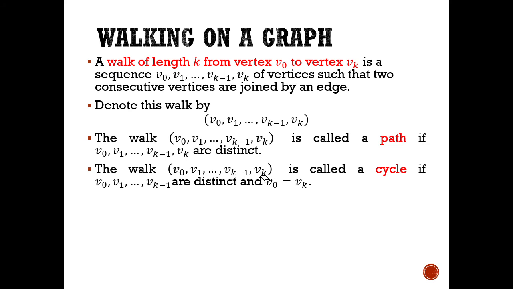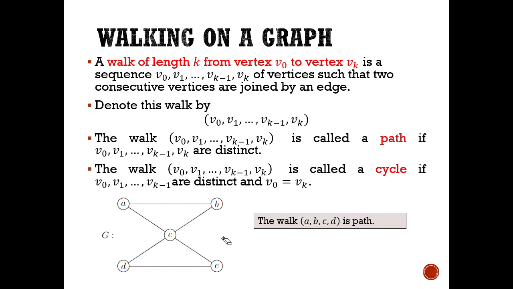So let's illustrate this in our previous example. Now the walk A, B, C, D is a path. So what we do is you start from A, you go to B, C, and then D. So you have this path: A to B, B to C, C to D.